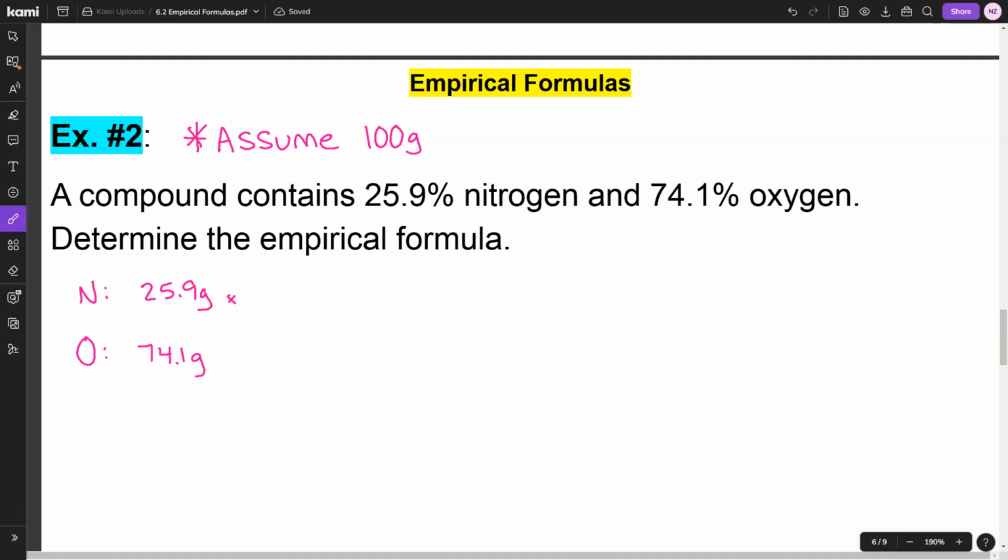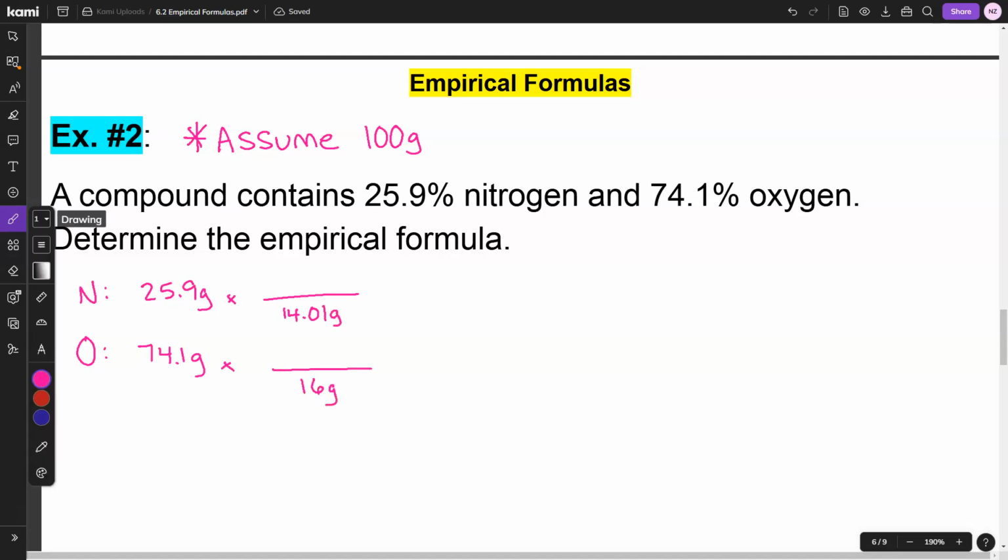And we need to convert these into moles. So I'm going to set these up. The molar mass is going to go on the bottom. Nitrogen is 14.01 grams. Oxygen is 16 grams. So again, we are setting these up so that our molar masses are on the bottom, so our units will cancel. 1 mole is going to go on the top.